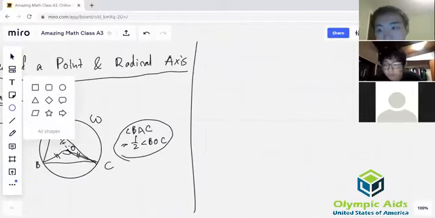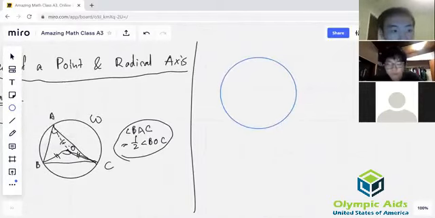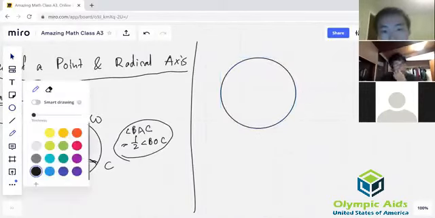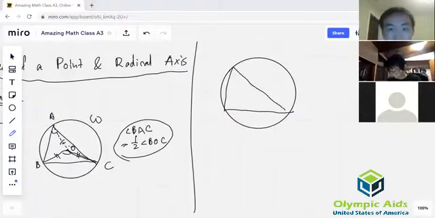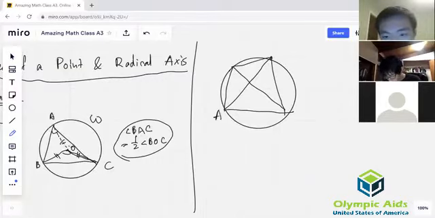Well, you can add another point in. You have a circle, and you can add another point here. I labeled them as A, B, C, D on my handout.